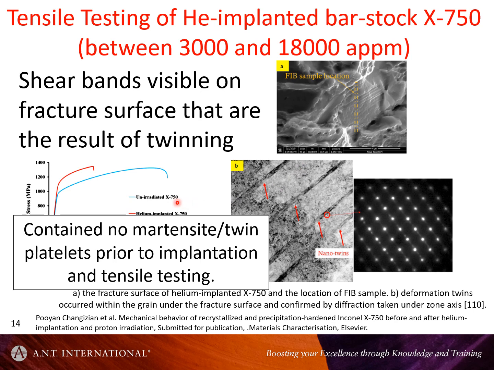just to note that the material in the as received state was annealed bar stock X750 with some implantation. The strength increased and your ductility dropped, which is what one would expect with helium implanted to these kind of levels.